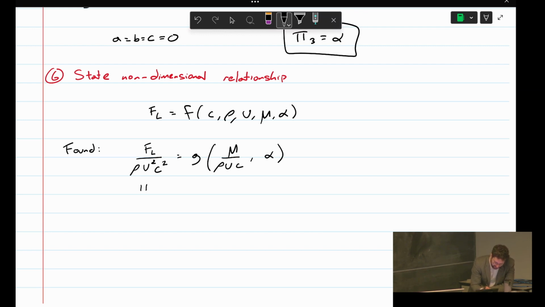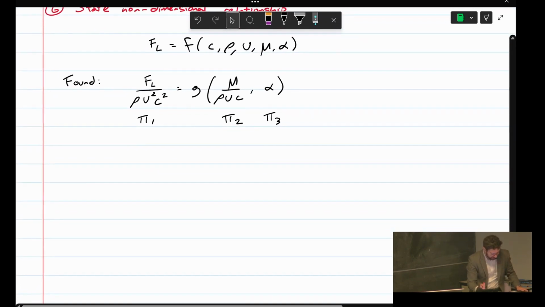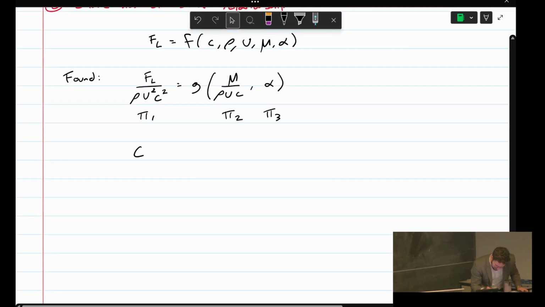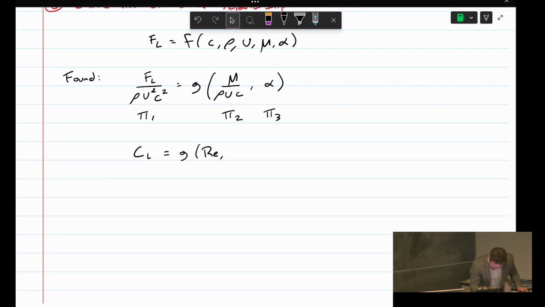So these are our pi 1, pi 2, pi 3. So basically we discovered that the lift coefficient depends on Reynolds number and angle of attack.